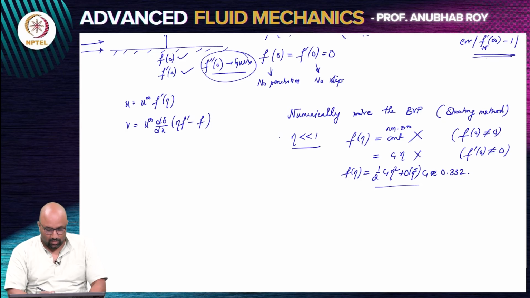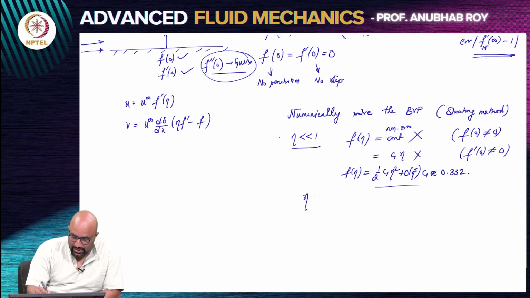The part which is more interesting to us is regarding what happens for large values. Because for large values, we know that f dash of eta goes to unity.